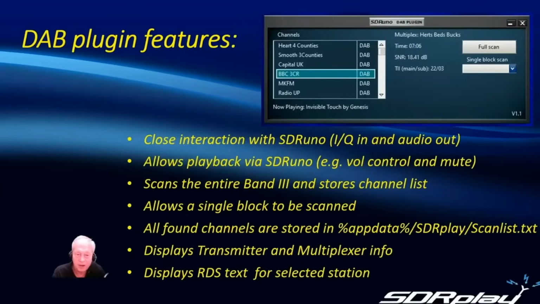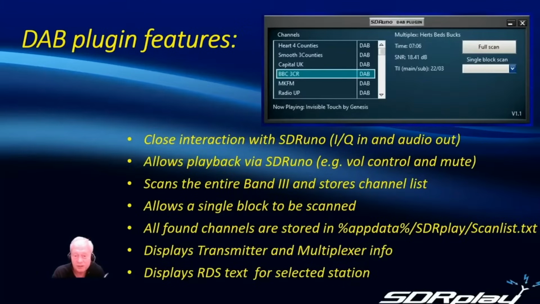The DAB plugin has very close interaction with SDR Uno, taking the IQ data in and providing the audio out through the volume controls and mute functions within SDR Uno. There's a scanning facility to populate the channels with signals, and it stores a channel list.